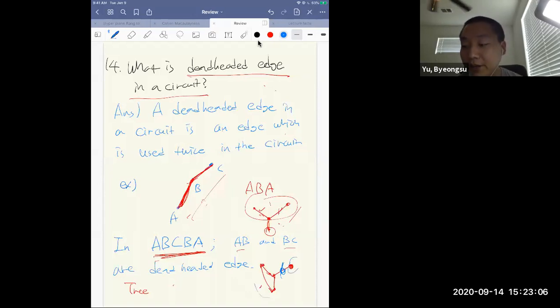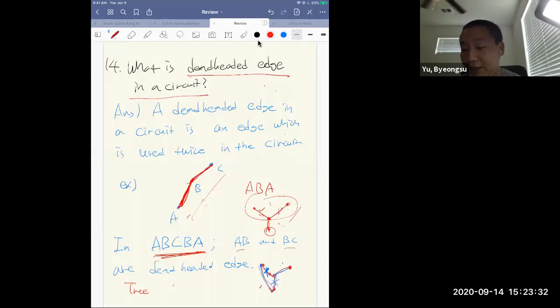But for any other edges, oh, sorry, for any other edges in here, for example, if you just delete this edge, then this point is still connected to other points, right? Using the other paths, right? So in that case, this edge is not a bridge, or this edge is not a bridge, right?